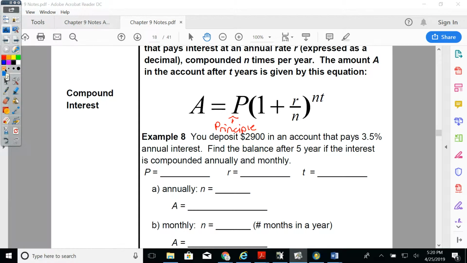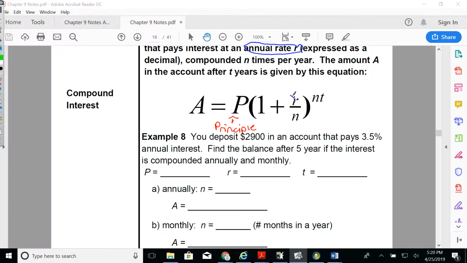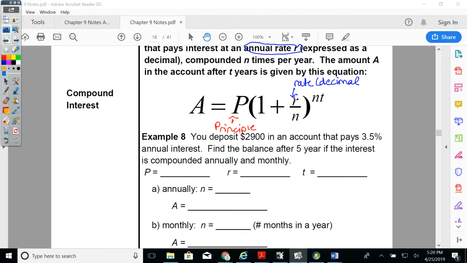And then it says, is deposited into an account that pays an annual rate of R expressed as a decimal. So R here is your rate, your percentage, but you need to change it to a decimal. Compounded n times each year.